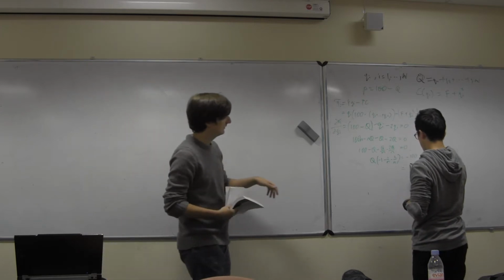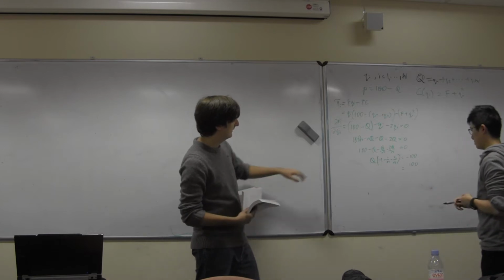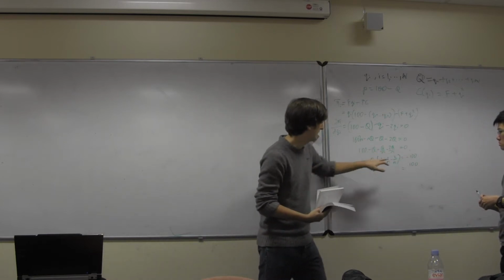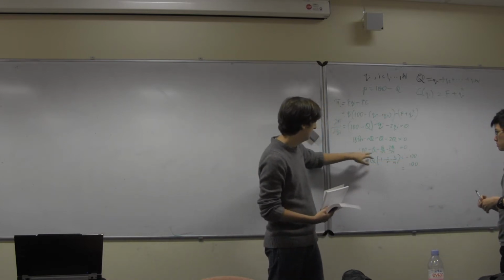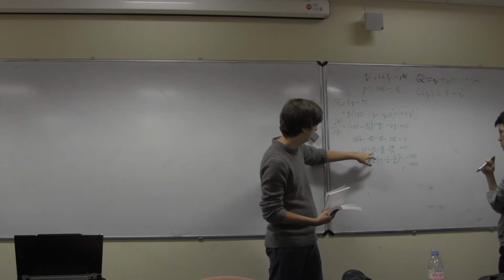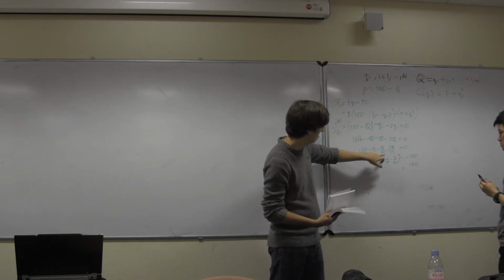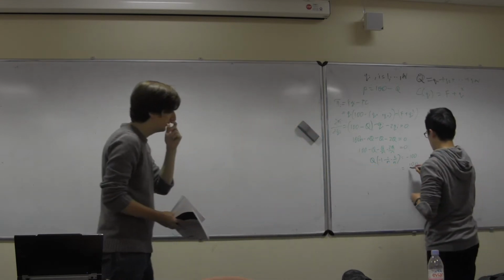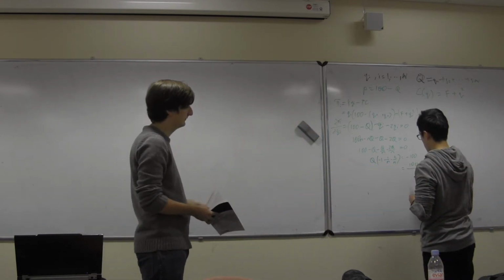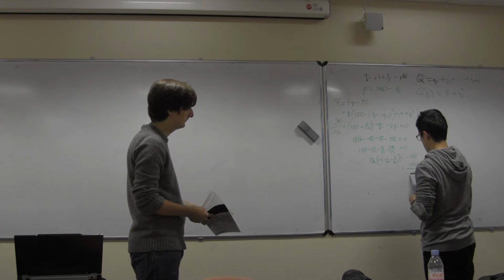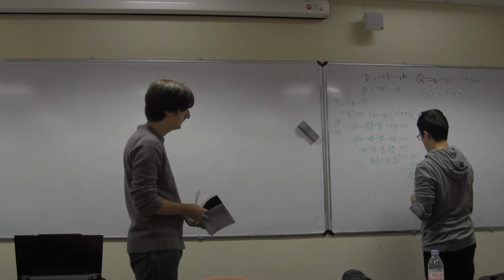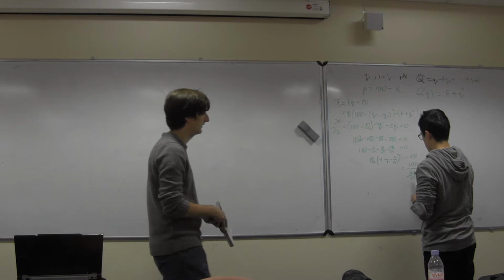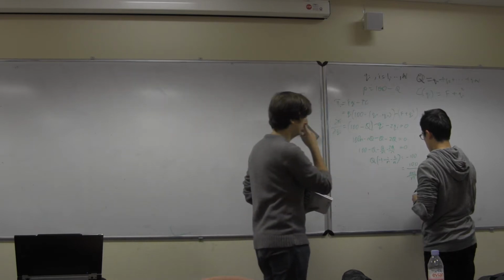Okay, so he's taken 100 across to that side, so you've got minus 100 on that side, and then on the left hand side we've got minus 1 copy of Q, minus 1 over n, minus 2 over n. All the minus signs are going to become pluses.